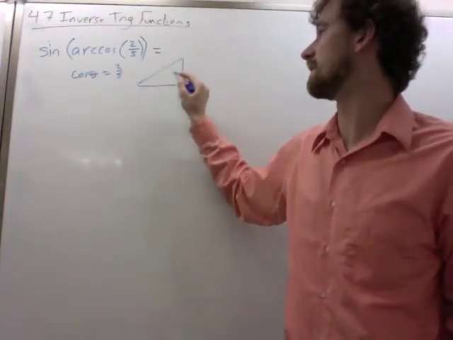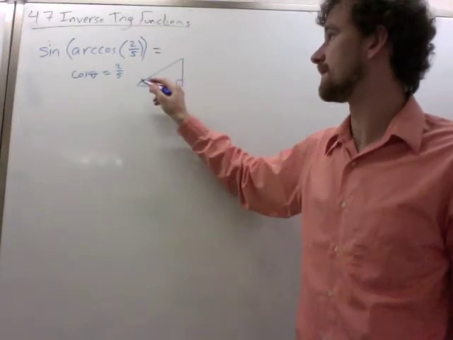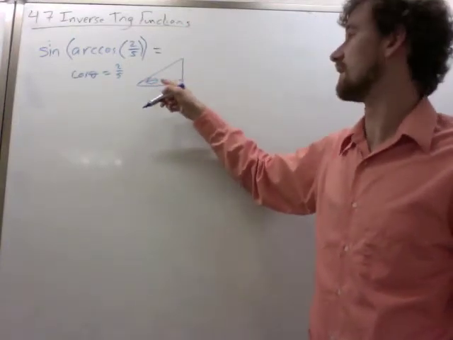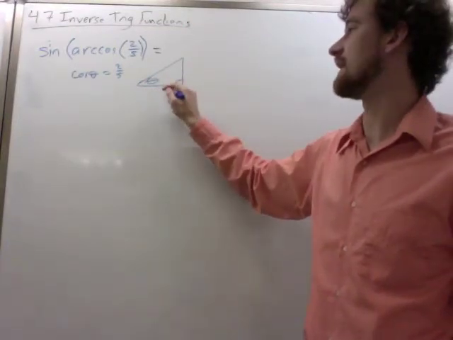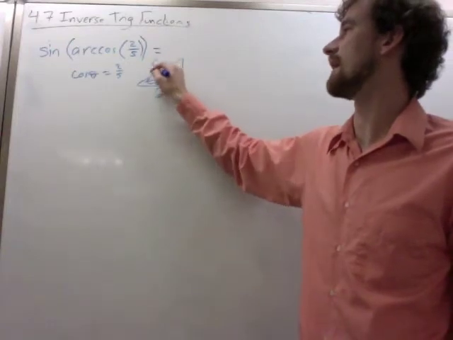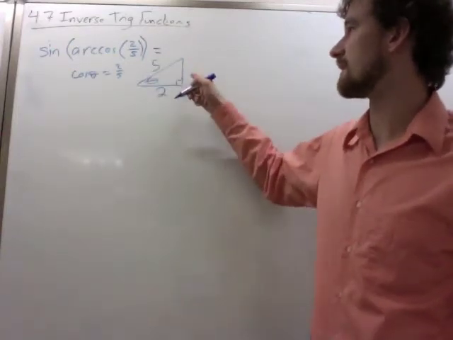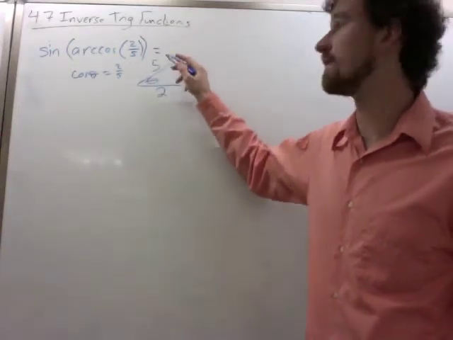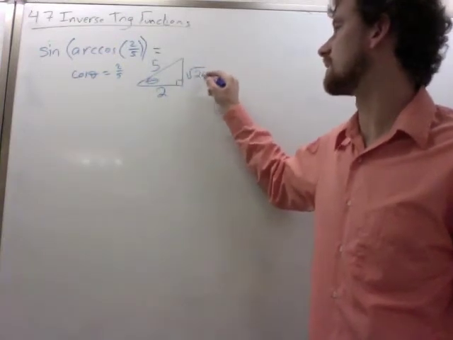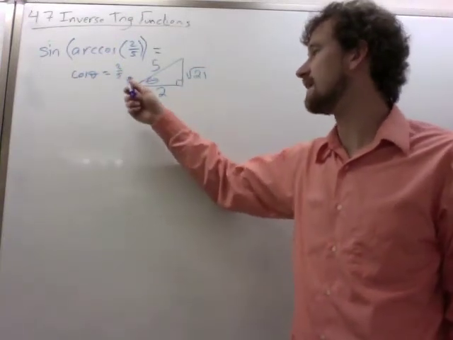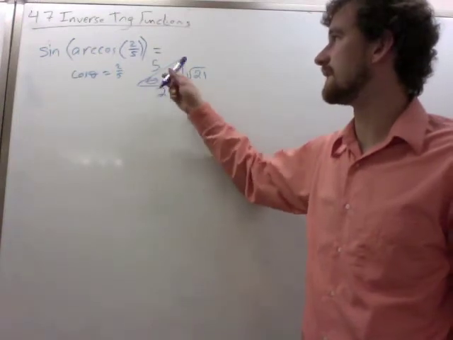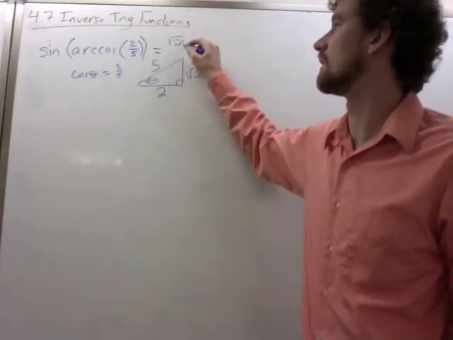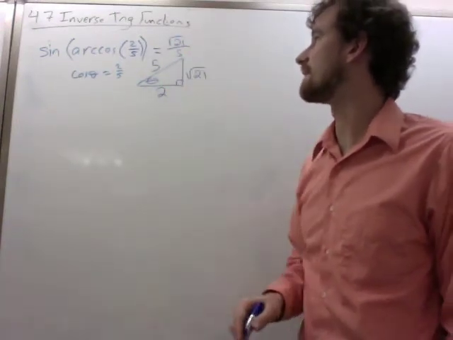This is theta, and the cosine of theta is 2/5. Cosine is adjacent over hypotenuse. By Pythagorean theorem, this side is the square root of 25 minus 4, which is root 21. So the sine of the arc cosine of 2/5 is root 21 over 5. Right?